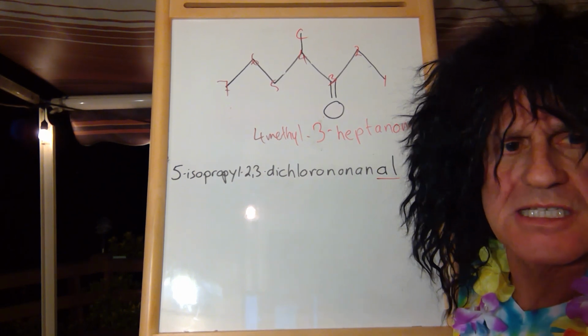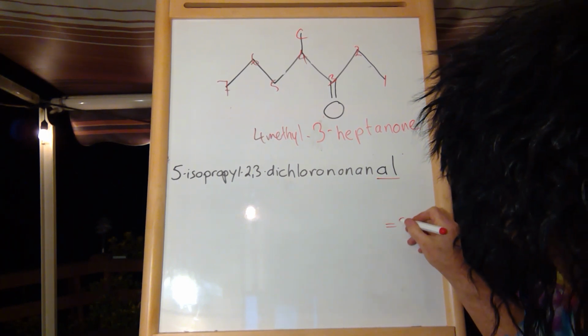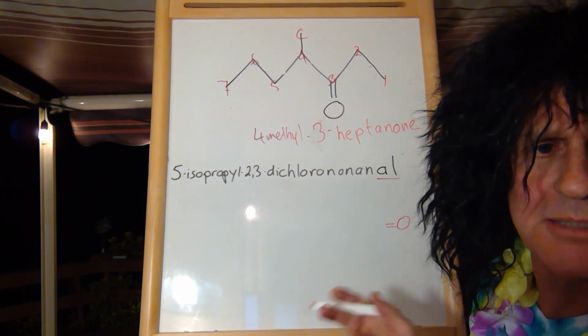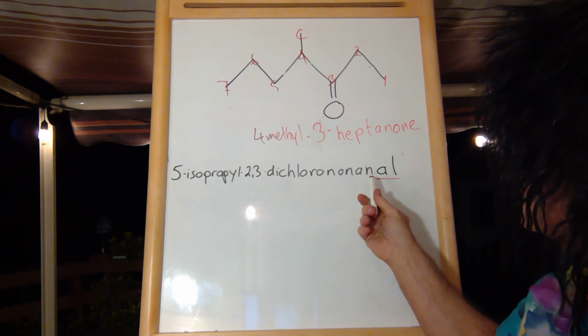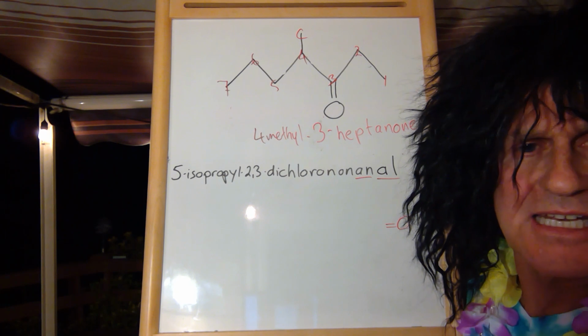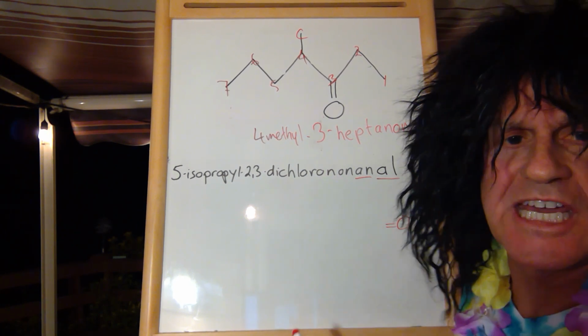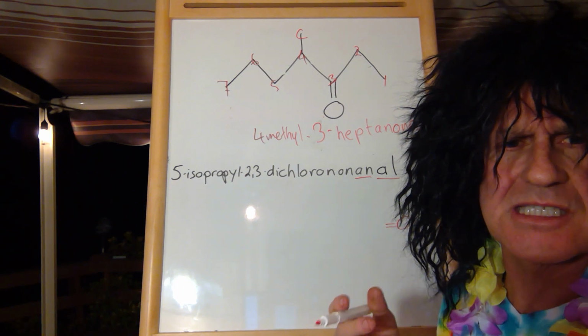So al, it is an aldehyde. And you know if it's an aldehyde, at the end of it, it's got a double bond oxygen. And that double bond oxygen is going to be attached to something else. The next thing we see is an. So it's a propane or a butane, in this case a nonane. And that means it's a single bond one.